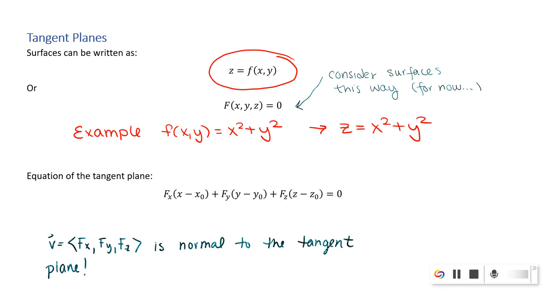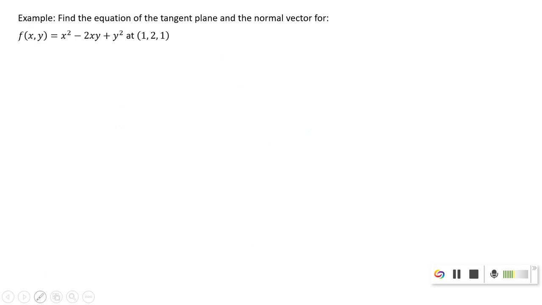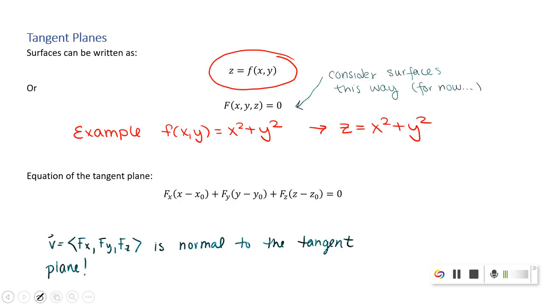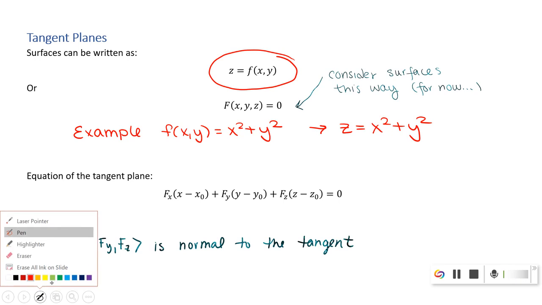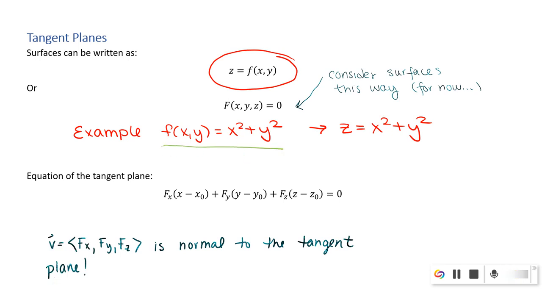For example, we could think of the surface f of x, y equals x squared plus y squared. That's a surface. That's the same thing as z equals x squared plus y squared.